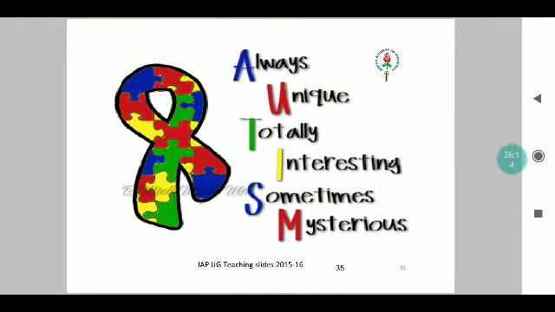Now, this slide, autism, can also be expanded into always unique, totally interesting, sometimes mysterious. Like I mentioned, Autism Awareness Month is the month of April, which also coincides with the month in which I am recording this video. April 2nd is Autism Awareness Day, and the theme for 2020 is Spread Kindness.